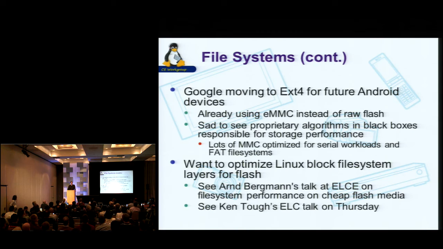They're mostly optimized for FAT file systems and for serial workloads, because the majority of these chips are built with the intention that they'll go into video cameras, where the data is laid down in a serial fashion. And so you put a block interface on top of that with B-tree algorithms and all this stuff, and performance-wise, it's just not that great.